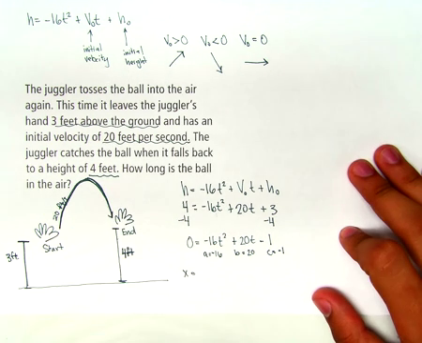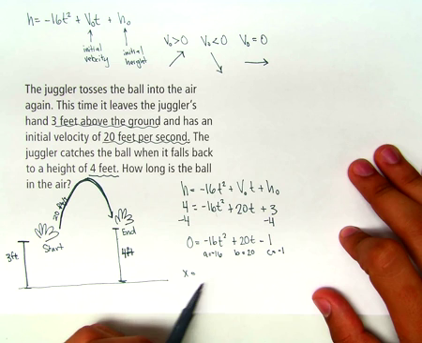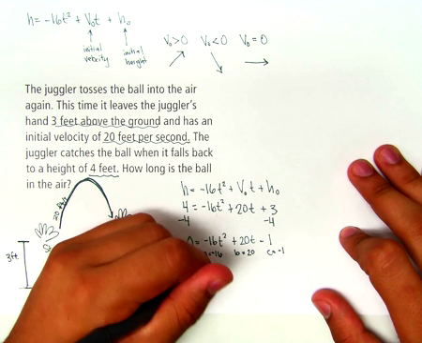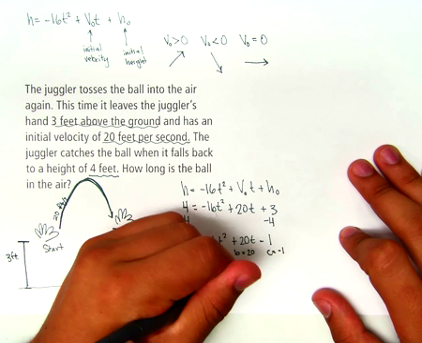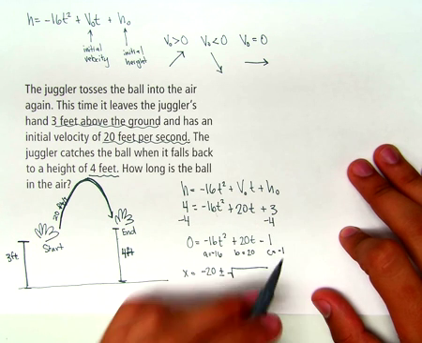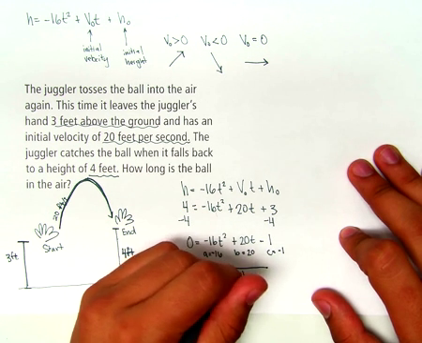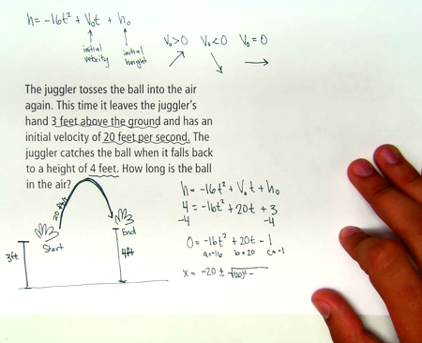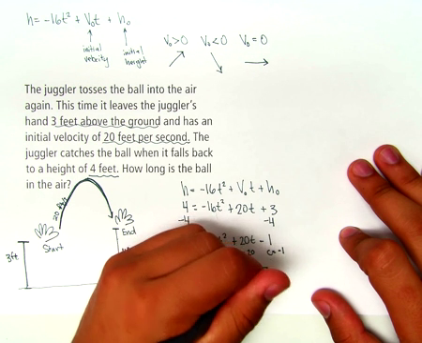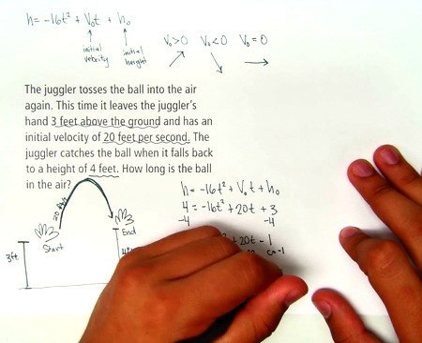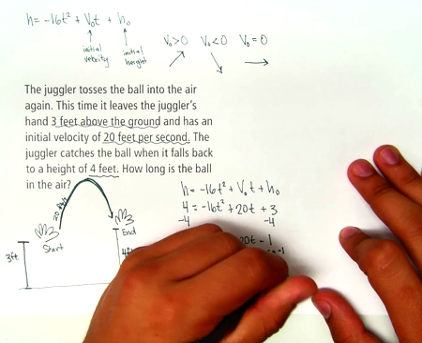Okay, so what's opposite b? Negative 20, plus or minus the square root of b squared, so 20 squared, minus 4 times negative 16 times negative 1.